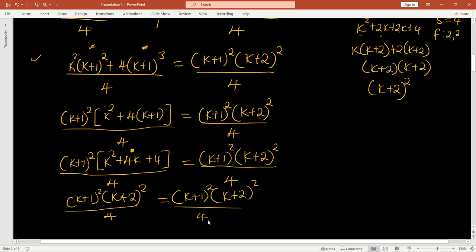So therefore, the left hand side is equal to the right hand side. Once we achieve this, we can just say this statement is true for n equal to k plus 1. So if this statement is true for n equals k plus 1, then you can just say the statement is true.